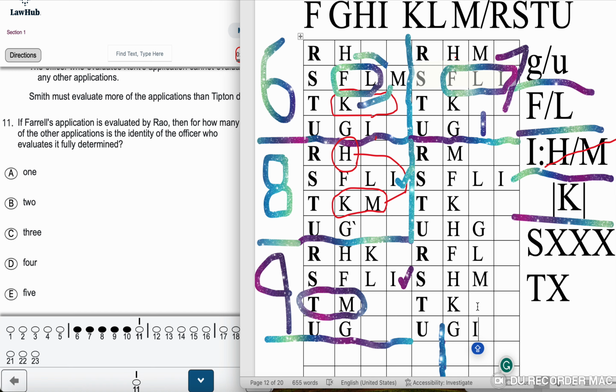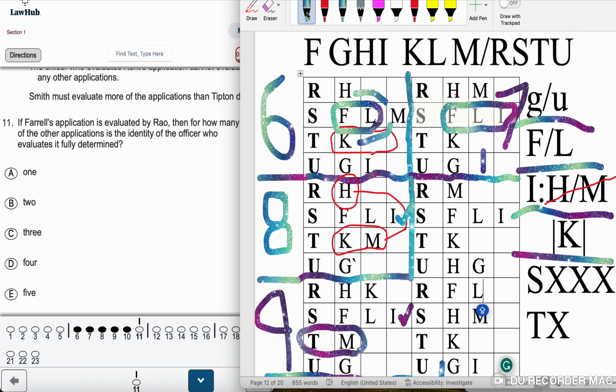So if F application is valued by R, which it is right here, for those of you guys who don't see it, I'm going to go ahead and try to move my mouse around it. Then for how many of the other applicants is the officer who evaluates them fully determined? So if F goes to R, then for how many of the applicants is the officer who evaluates fully determined?